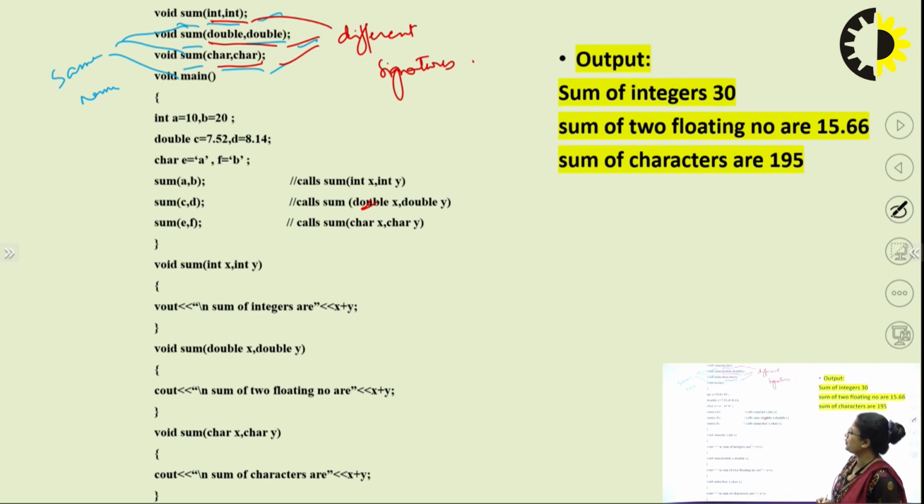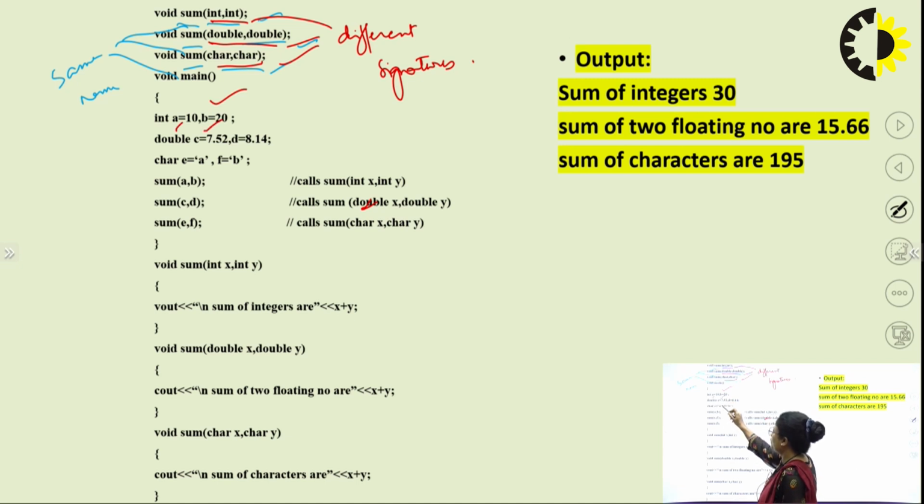So right now we are taking up 3 functions with the same name and different signatures. Next we go to the main program, where we are taking 2 variables a, b of type integer, and we are assigning them 10 and 20. 2 variables c and d of type double, assigned some constant values. E and f of type character, assigned the characters a and b.